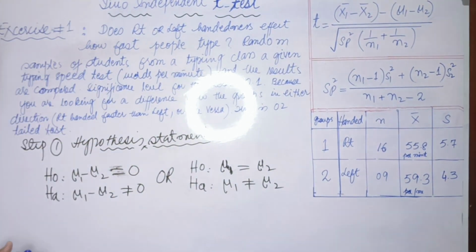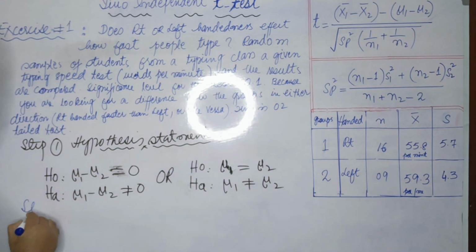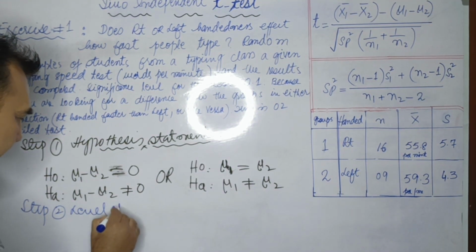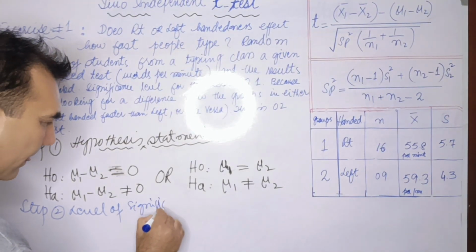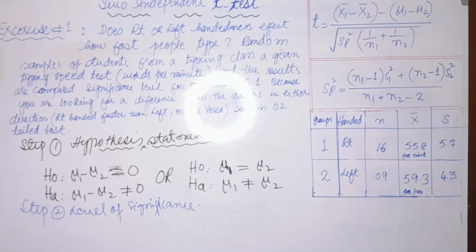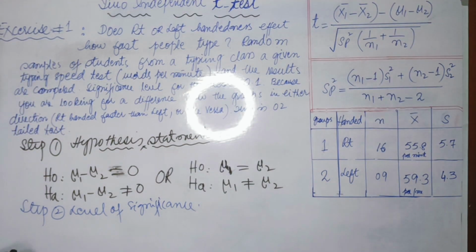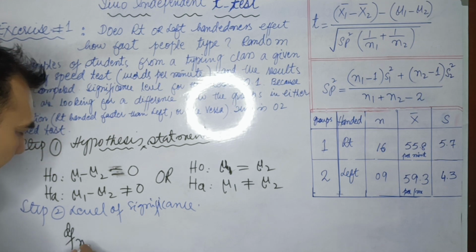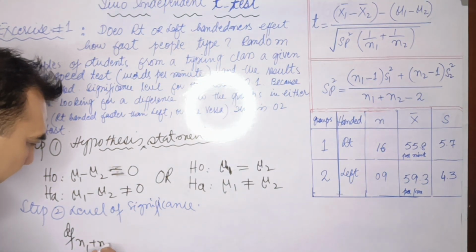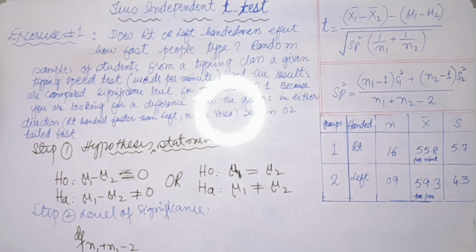Now step number 2. Step number 2 is the level of significance. For this, we find the degree of freedom, n1 plus n2 minus 2.